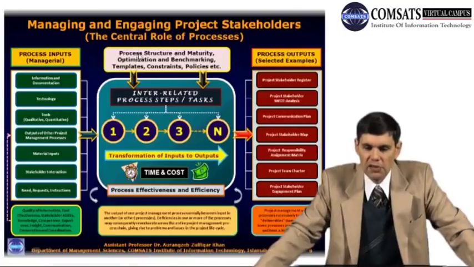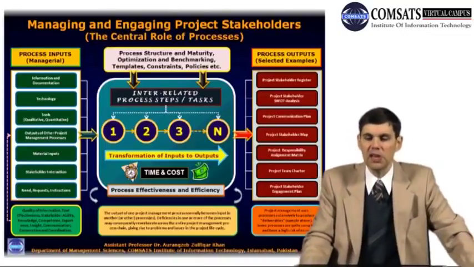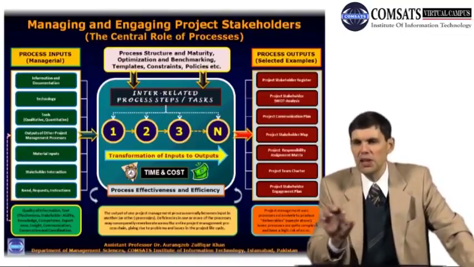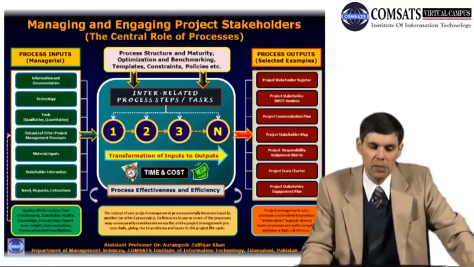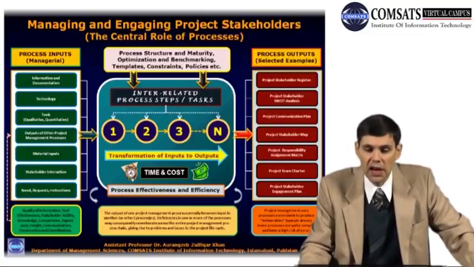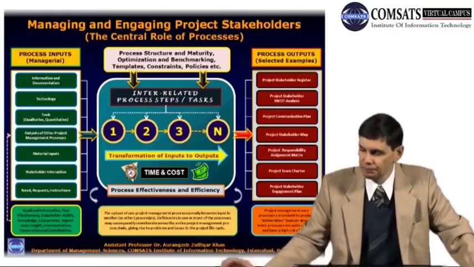That is why process maturity comes into play. Process maturity means that, after you have applied the process many times and you have seen where there are weaknesses in the process, steps which might have some shortcomings, you can modify them through process redesign or maybe process re-engineering and so forth.